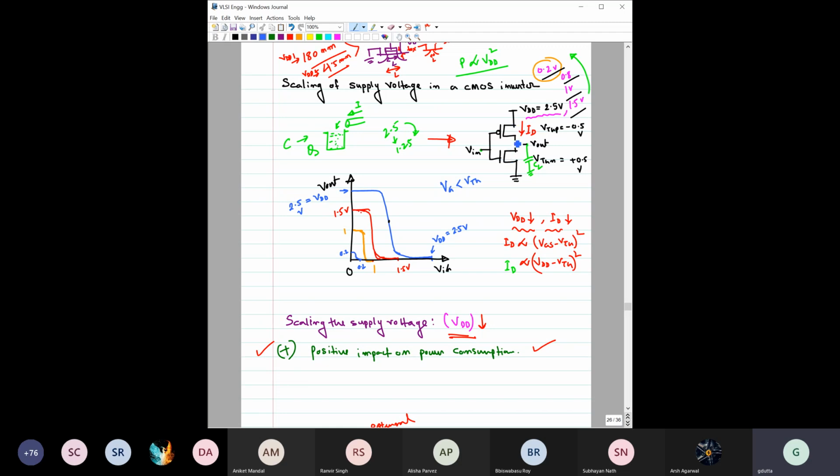And the subthreshold current would be sufficient to show this VTC characteristic for this inverter. Eventually, if VDD is more than 4 kT by Q, where kT by Q at room temperature is 26 millivolt, this would work.